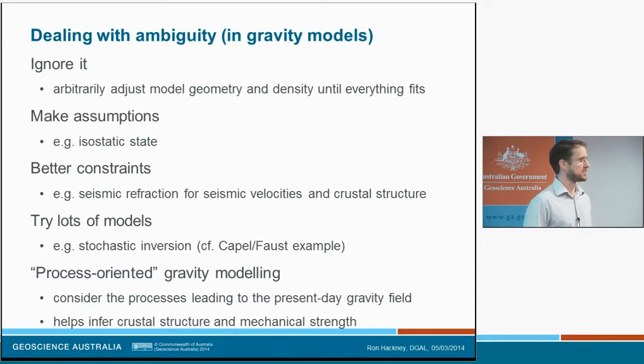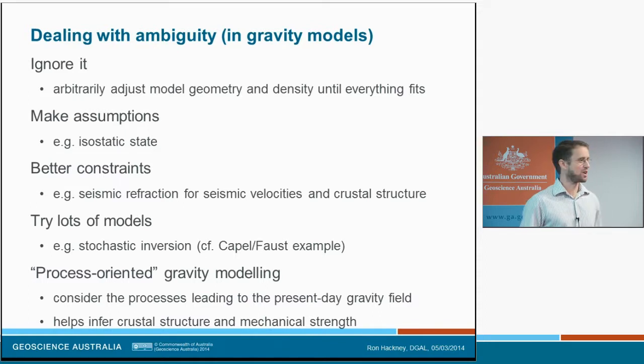But a model that doesn't fit is going to tell you there's a problem area. What can I do to resolve that? Maybe I can get more data. Maybe I can think a little bit about how we can fix that. We can make some assumptions, of course, and one of them might be isostatic state. With that model on the Perth Basin, the first assumption might be, okay, let's assume Airy local isostatic balance like an iceberg, but then we can model that and show that doesn't work, so we've got to think of something else.